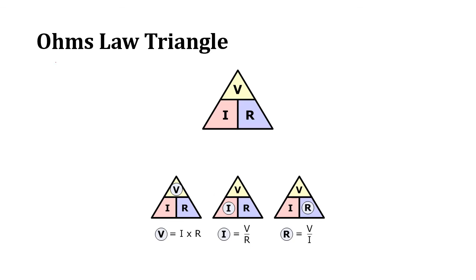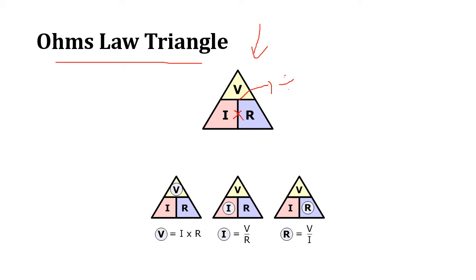So here is the Ohm's law triangle. From this triangle we can find the unknown parameter. Between I and R you have to consider multiplication. At this point you have to consider division.